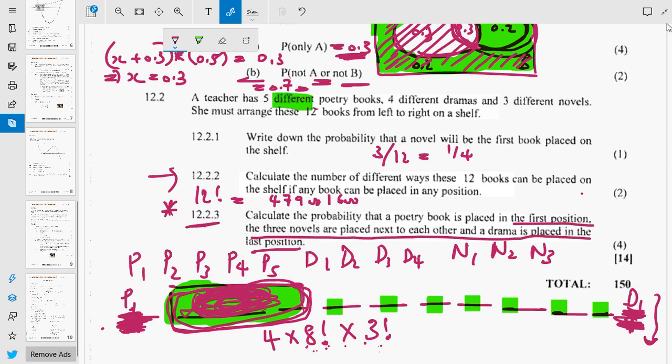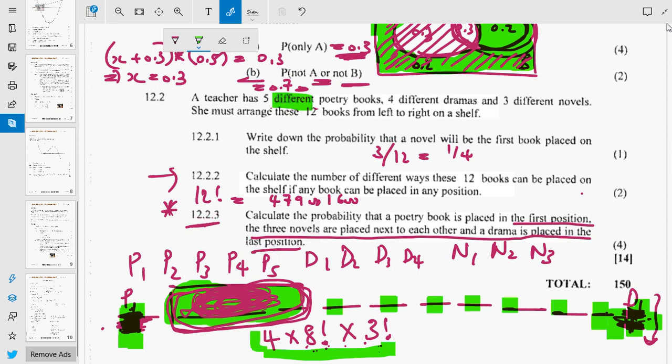I can have P2 with drama 1, drama 2, drama 3, drama 4. That is going to give me this combination, but now for the second time. I can have P3 with drama 1, drama 2, drama 3, drama 4.